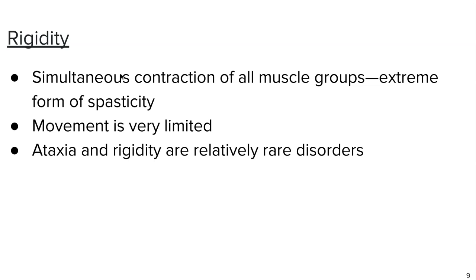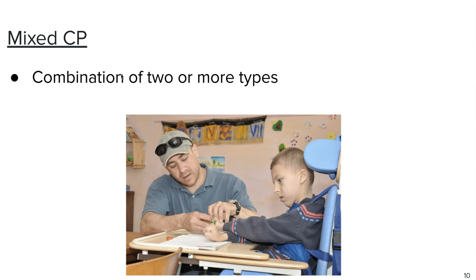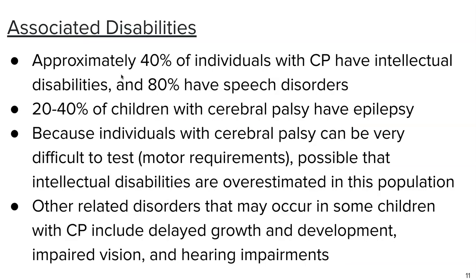So while someone's trying to move their arm and they're having a lot of difficulty and it's very hypertonic, that's going to be the full body for the person. So movement's really limited, and they have a really difficult time moving, speaking. But again, this is probably the most extreme and most rare kind. You can also have mixed CP, which is a combination of two or more of the types.